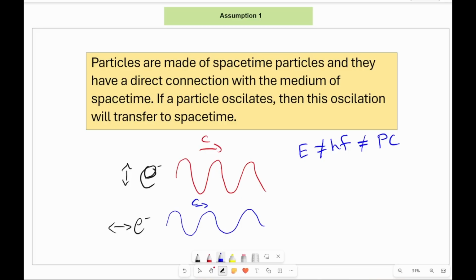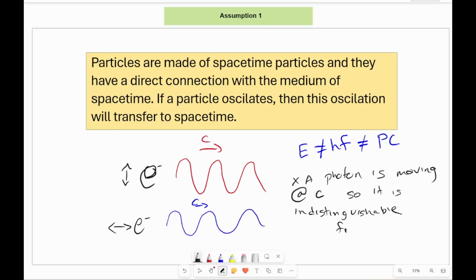A photon is moving at c, so it's indistinguishable from the wave that's also moving at c.